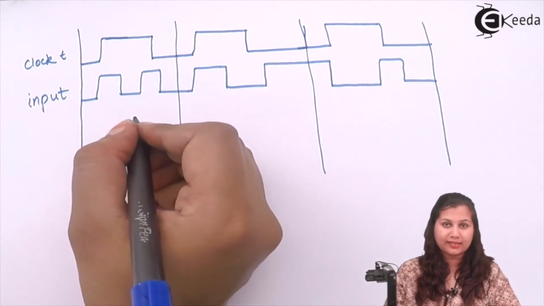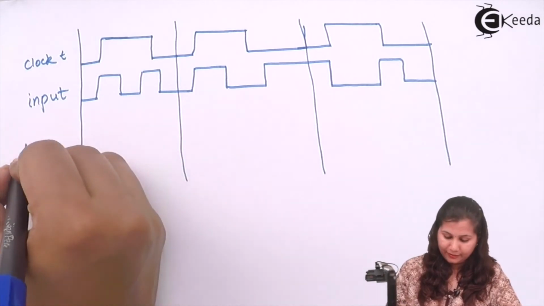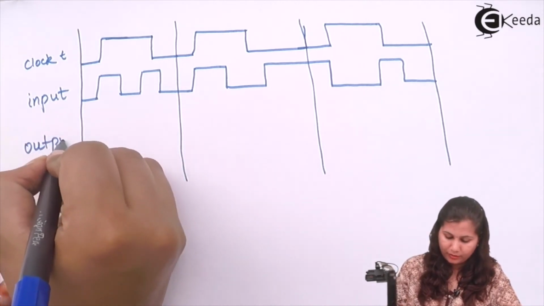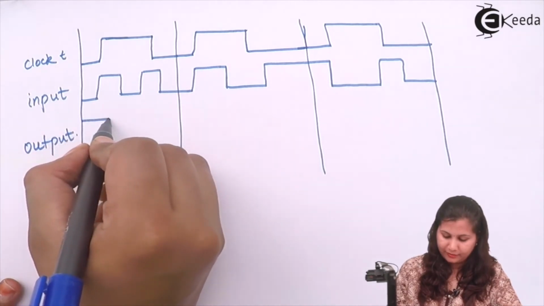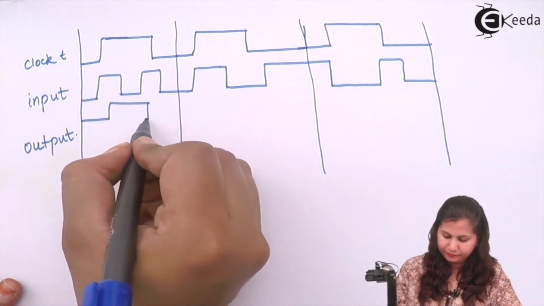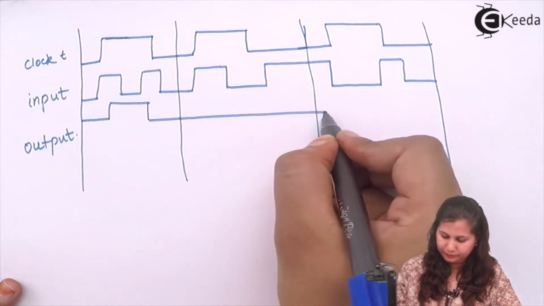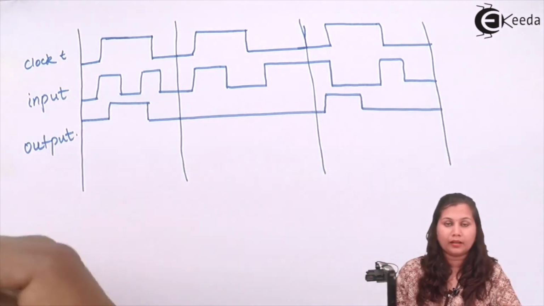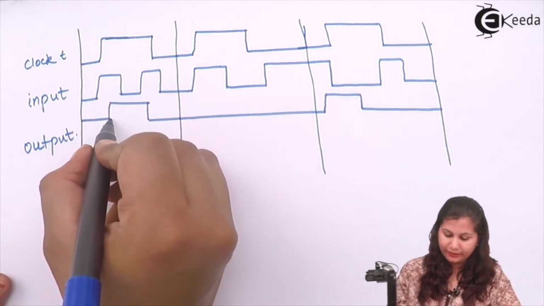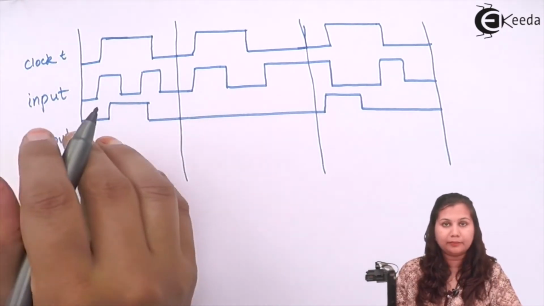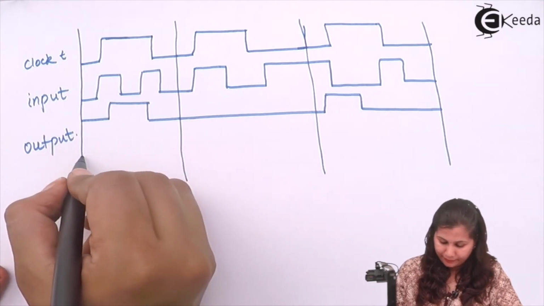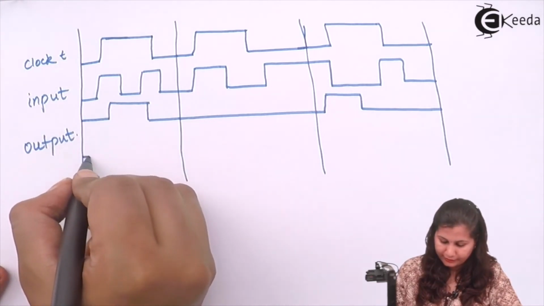When the latch is connected, what is the output? We are giving a signal here. When this signal is high, the output will be latched. Otherwise the input will remain the same, and the output will change according to that.